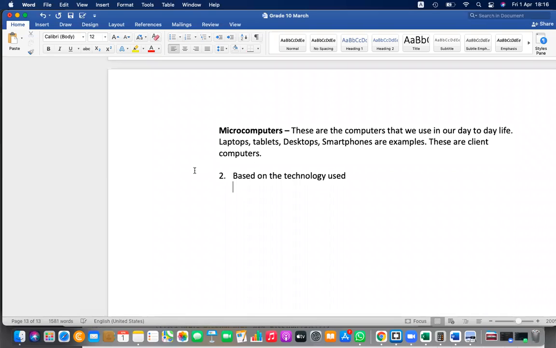Based on the technology used, we can categorize computers into three categories. The first category is analog computers, the second category is digital computers, and the third category is a mix of those, that is hybrid computers. Analog computers use analog data and analog signals.